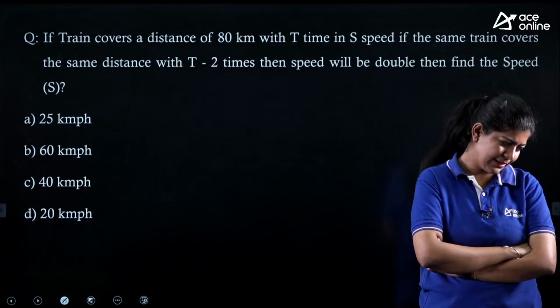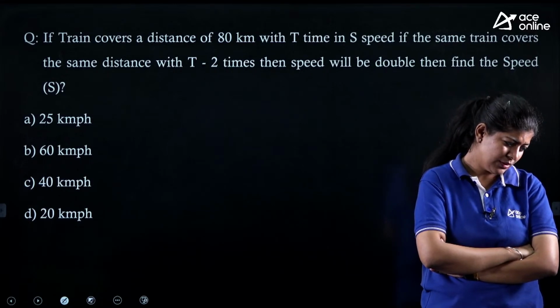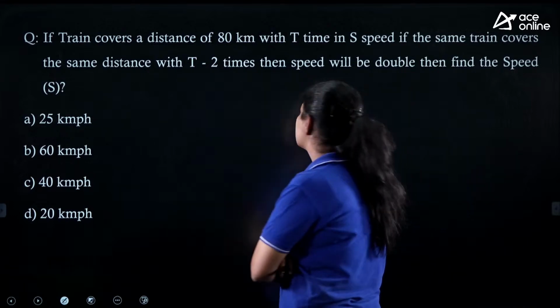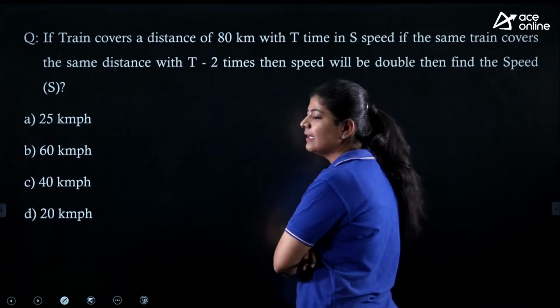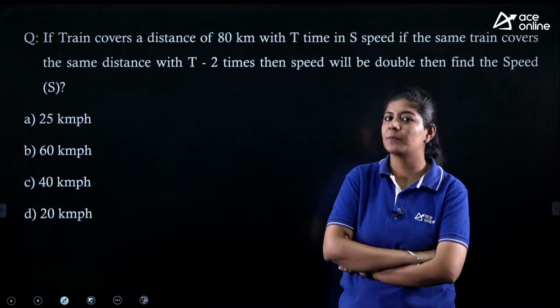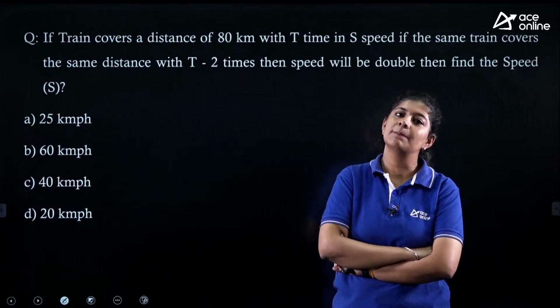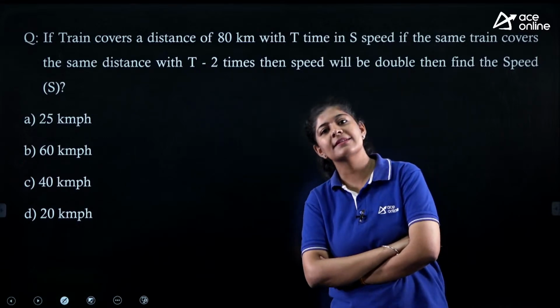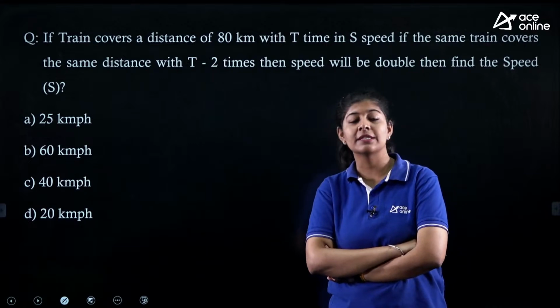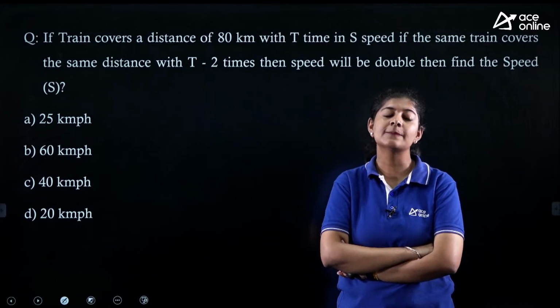If distance is constant, the time ratio is reciprocal. If the distance is constant, then speed is inversely proportional to the time. If the speed is constant, then distance is directly proportional to the time. If the time is constant, then distance is directly proportional to the speed.